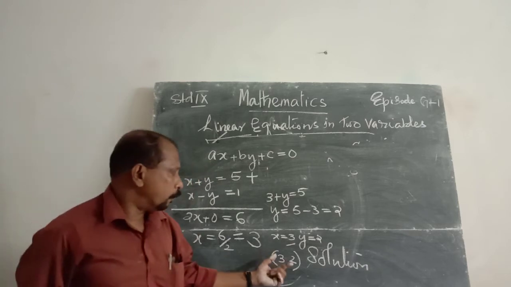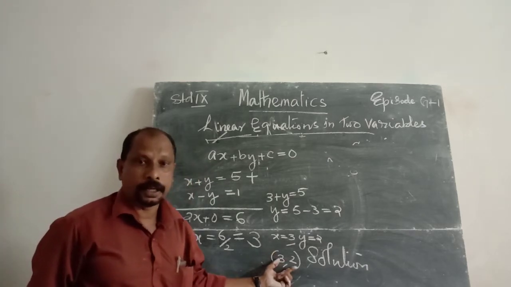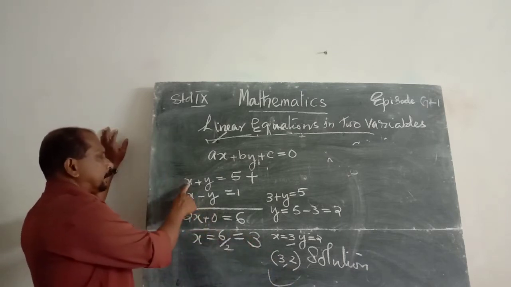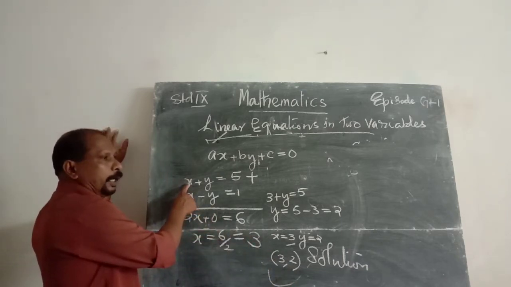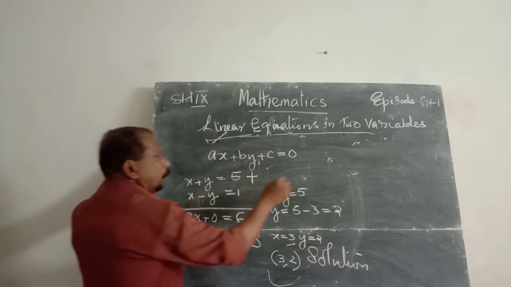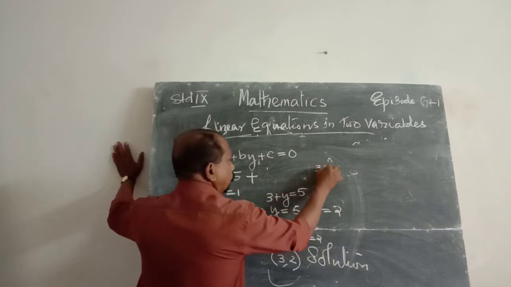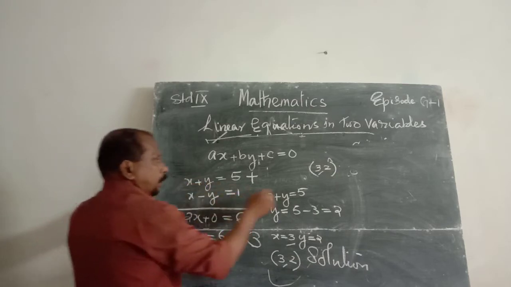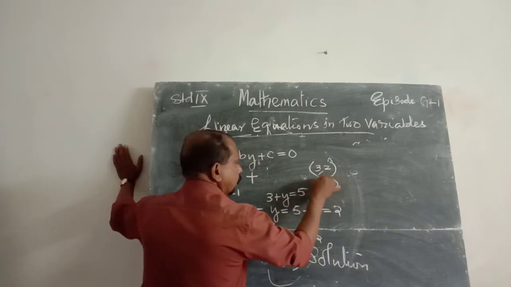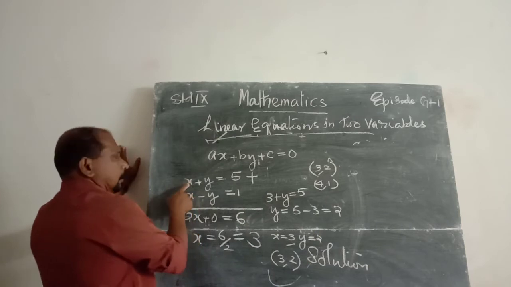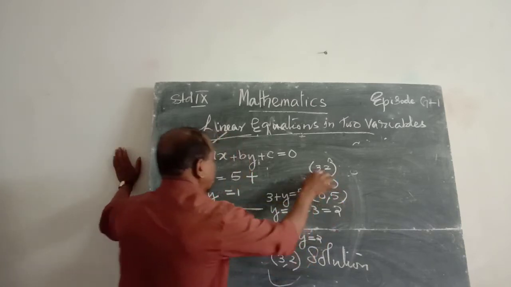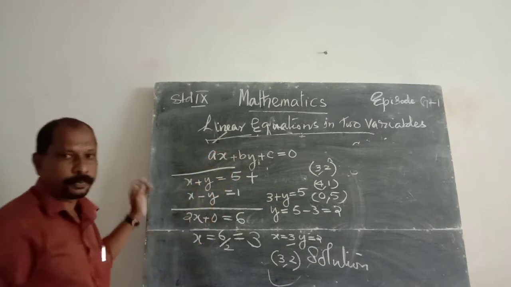There is only one solution for these linear equations. In this case, x is equal to 3, y is equal to 2. Therefore, 3, 2 is one solution. x is 4, y is 1, that is 4, 1. Then x is 0, y is 5, that is 0, 5. These are solutions of the first equation.